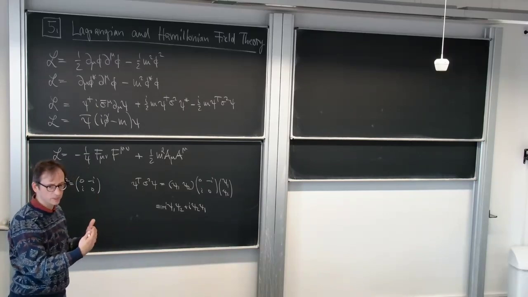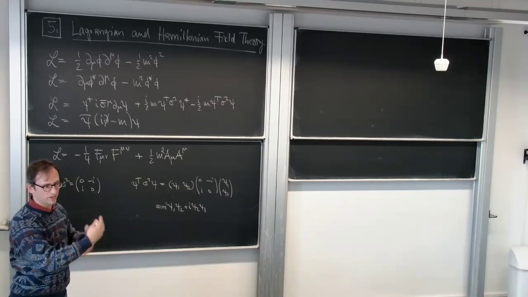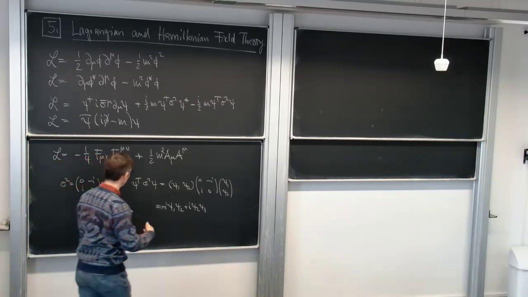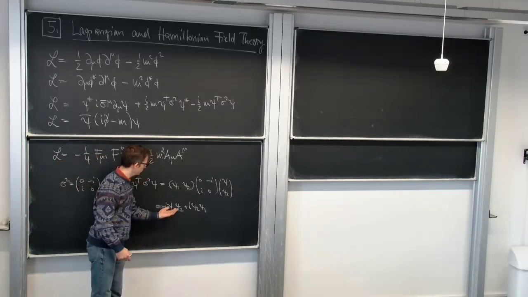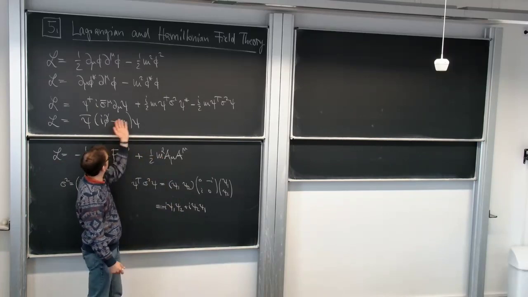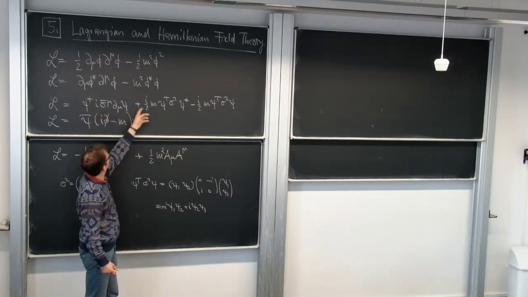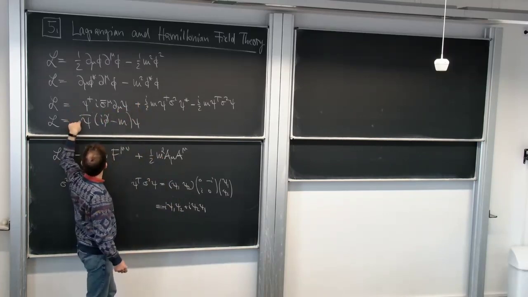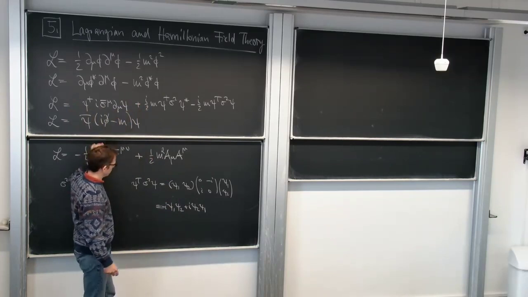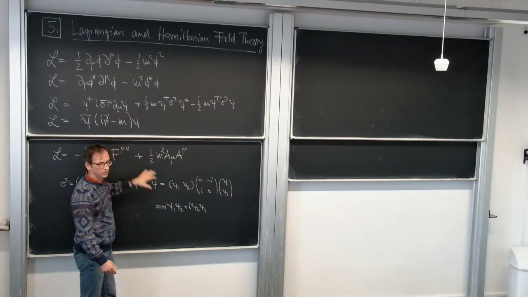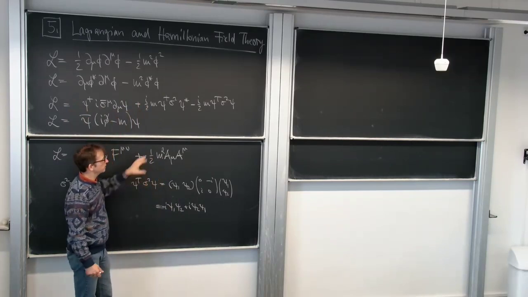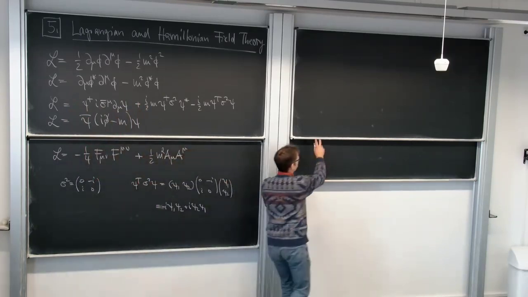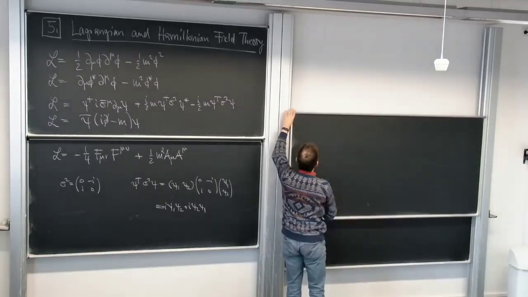And this means that they anti-commute. We have to just postulate, we have to define our fields, this one and this one, to anti-commute. So now I'll tell you a little bit about these anti-commuting numbers.